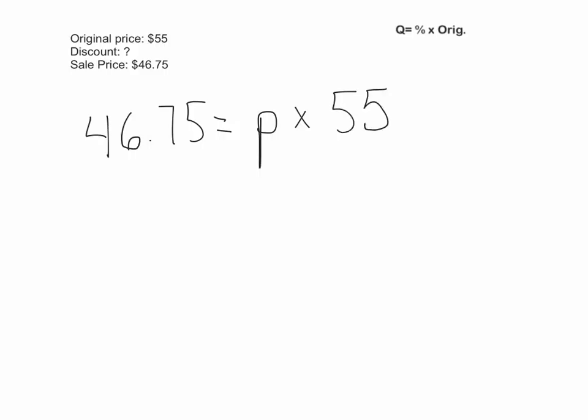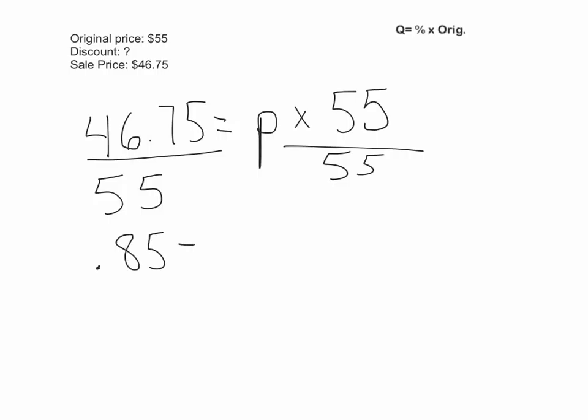So to get P alone, we divide by 55 on both sides. And then after you do 46.75 divided by 55, that leaves you with 0.85.